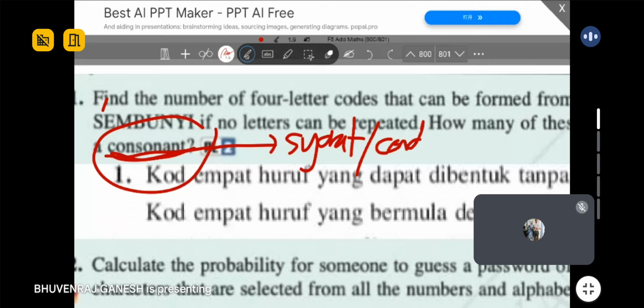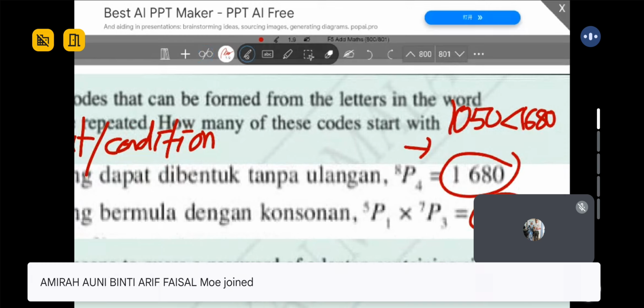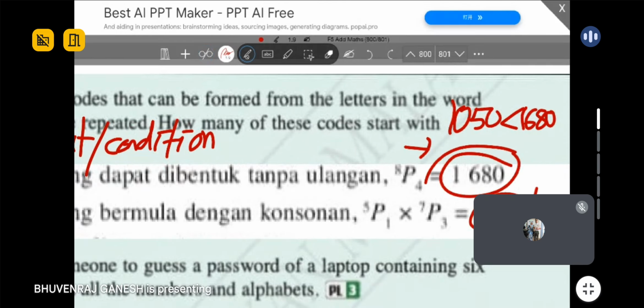Whenever you have a condition, your answer should be lesser, the total ways will be lesser. So one way to check whether your answer here is correct or not is that it must be less than 1680. Your answer for the second part must be less than this value.